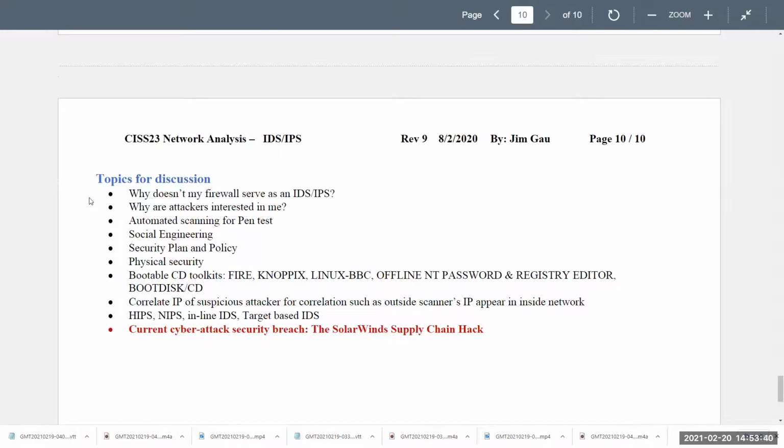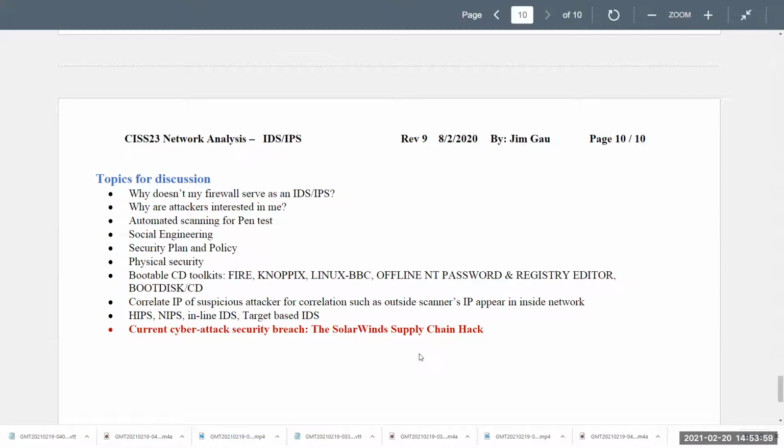At the end of this document, there are a few topics I would like you to discuss. The most important one, I just listed one that happened recently regarding SolarWinds, the so-called supply chain hack.